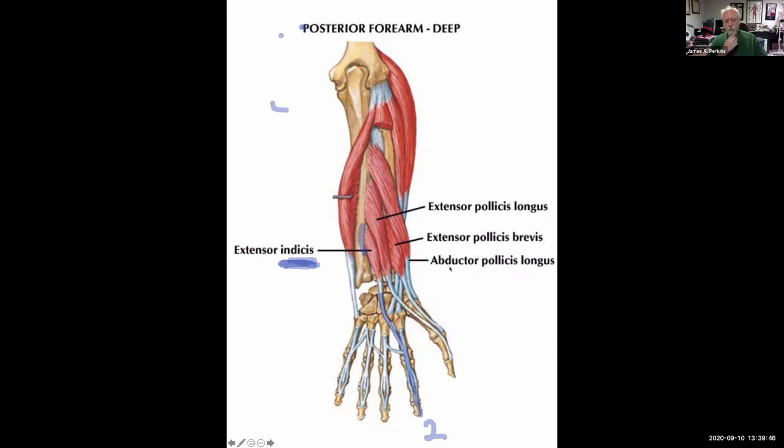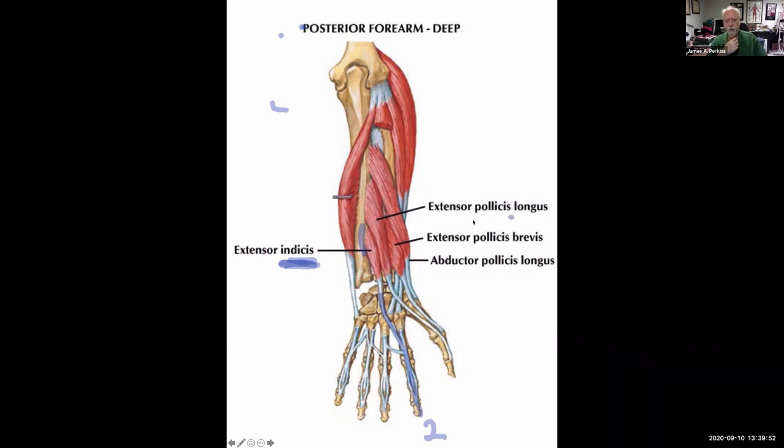Some other muscles that lie in this deeper layer in the posterior compartment. There's an extensor pollicis longus. So remember, it's an extensor of the thumb, and it's the longer one. Right next to it is extensor pollicis brevis. So it's an extensor of the thumb, and it's the shorter one.